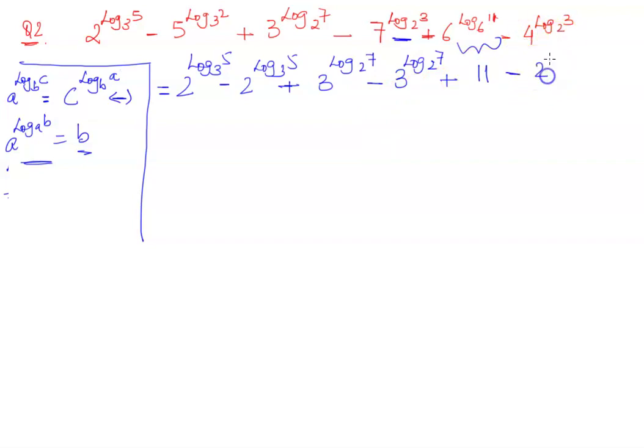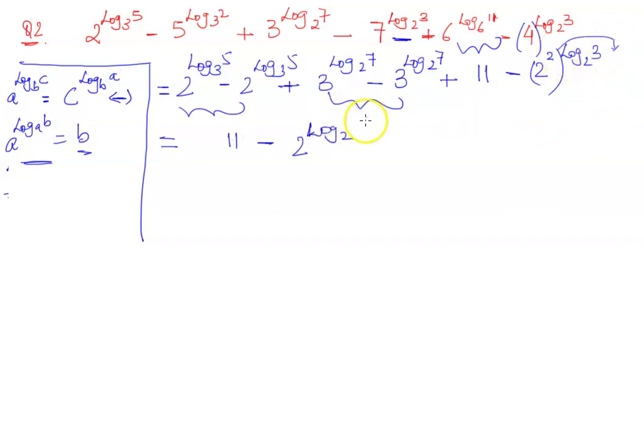What we can write is this is 2 to the power of 2 log 3 to the base 2. Right? We can write 4 as 2 squares. So what does this mean? So this and this cancel out. This and this cancel out. So I get 11 minus 2 log 2. Now we can take 3 as the power, 3 square.